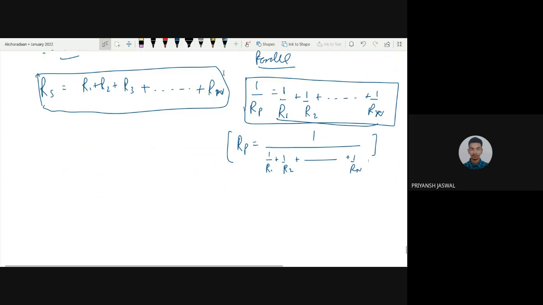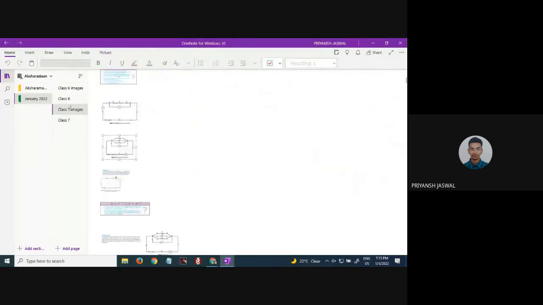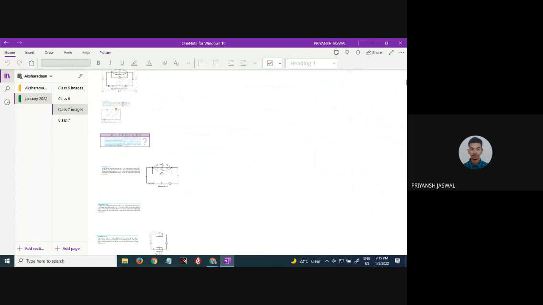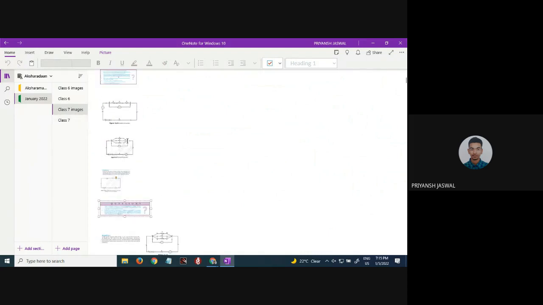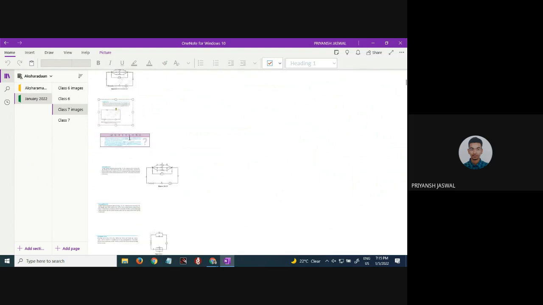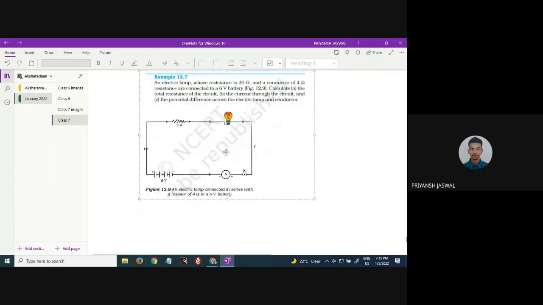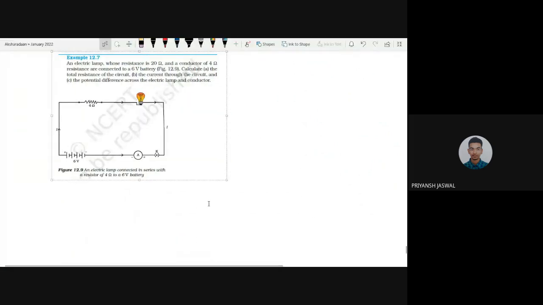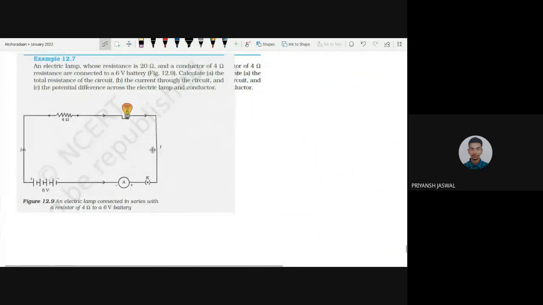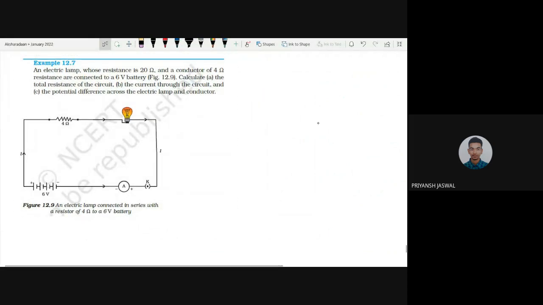Let's do an example for this. Question: an electric lamp whose resistance is 20 ohm and a conductor of 4 ohm resistance are connected to a 6-volt battery.